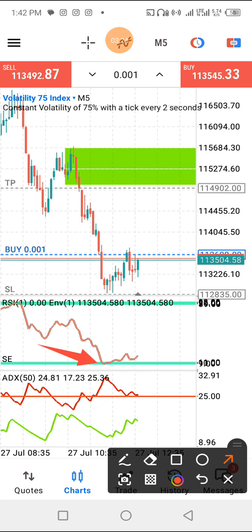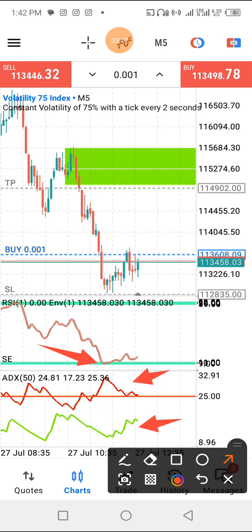So when you check your ADX, you'll notice that though your positive D, which is the green line, is below level 25, while your negative D, which is the red line, is somewhere above your level 25. So with what price is doing now, the positive D is regaining strength, moving towards the level 25.